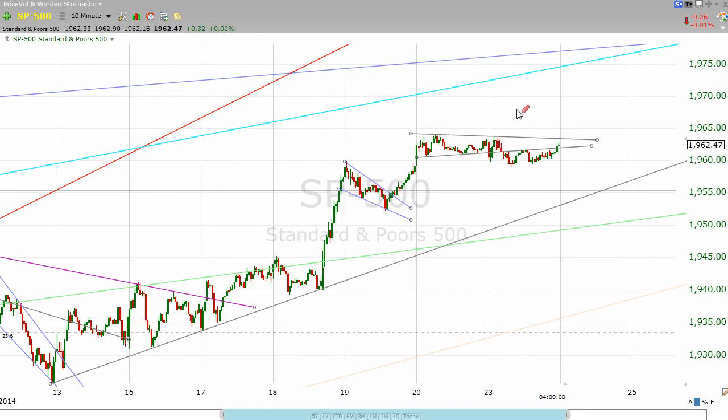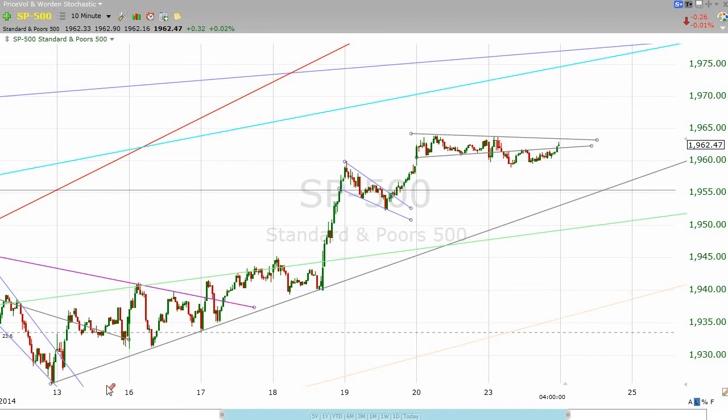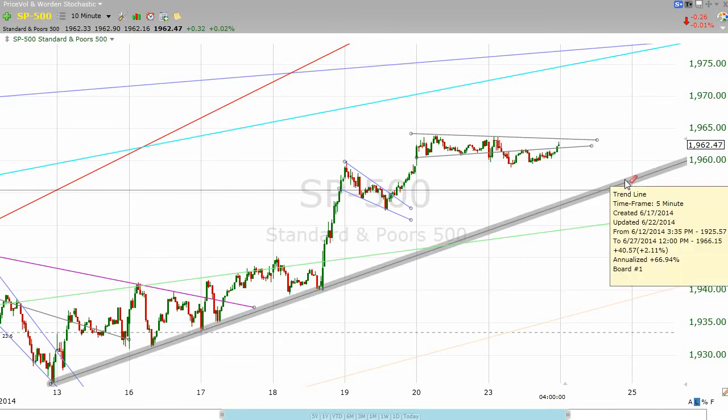You think of it as maybe a curiosity. We'll see. The important lines right now, I think, are this rising line right here, because you can see we've got a pretty decent history. Again, this is short term, but I think it's certainly worth keeping an eye on.